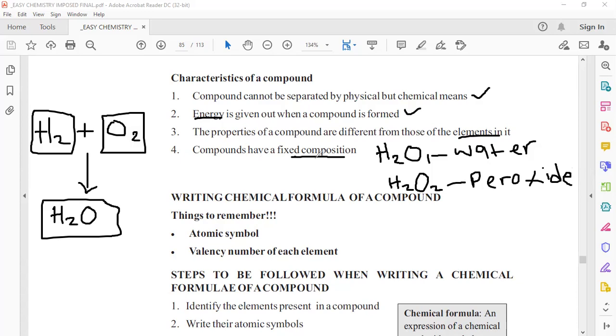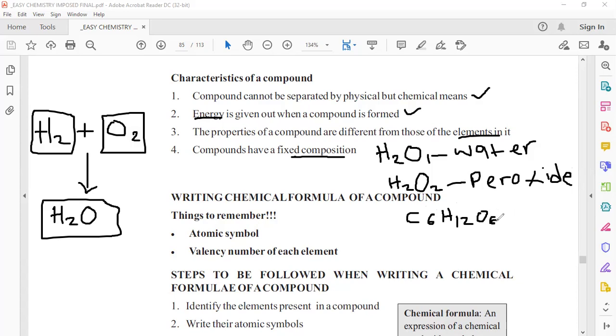So the proportions are always fixed. They combine in a fixed proportion, and it will never change. If you look at glucose, you always get C6H12O6. That is glucose.